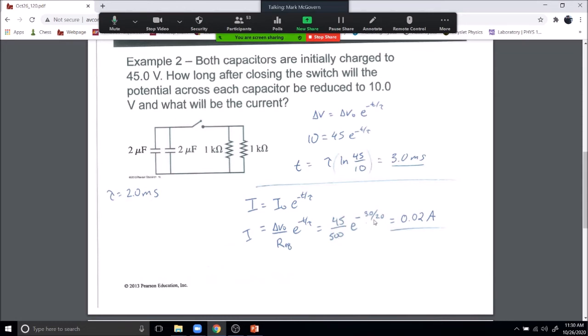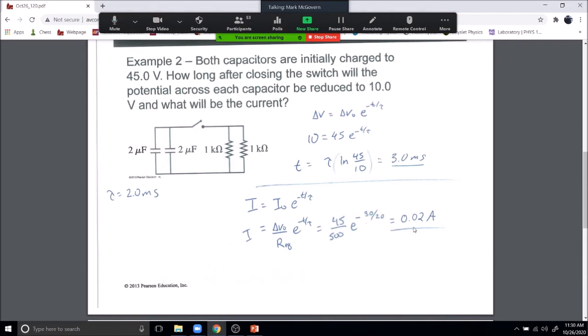We're going to put in the time we got from the earlier part, and we get our current to be 0.02 amps, which is in between 1 and 2 time constants.